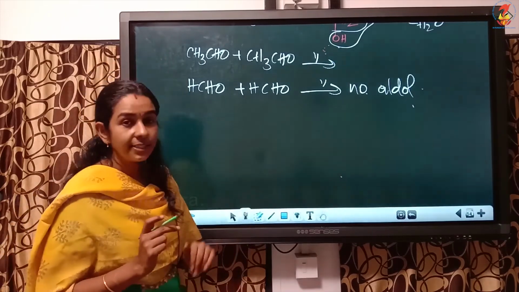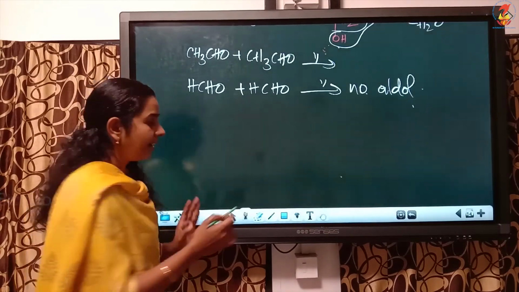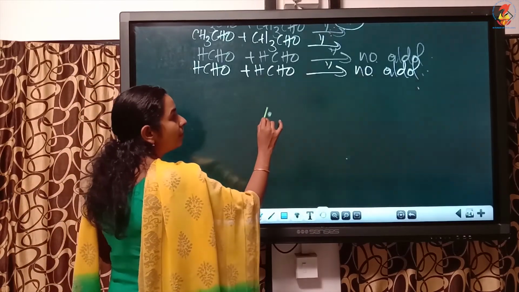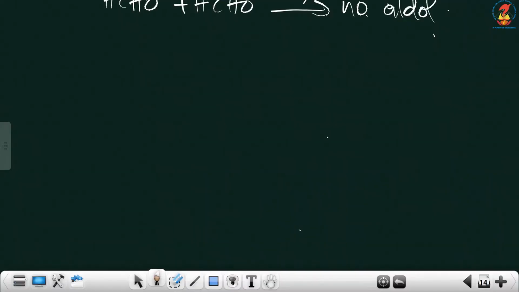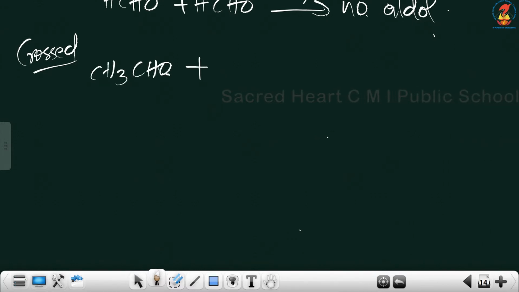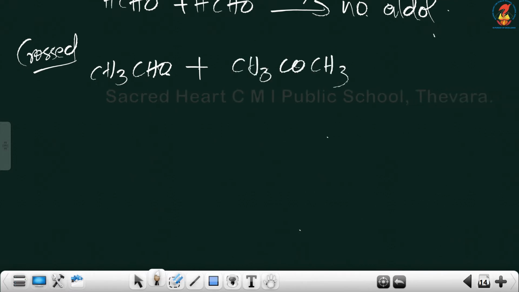Okay, now the last case: in crossed aldol, if both the molecules are possessing alpha hydrogen. So write down the next crossed aldol condensation reaction between CH3CHO and CH3COCH3.